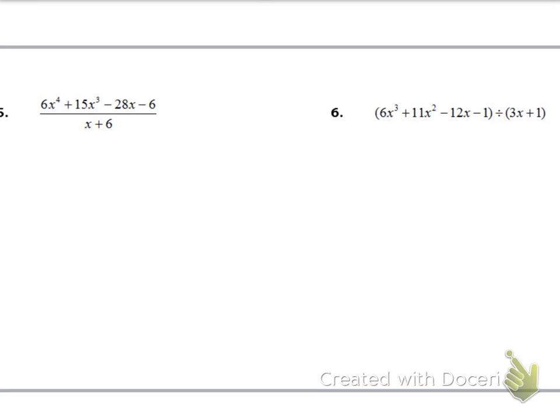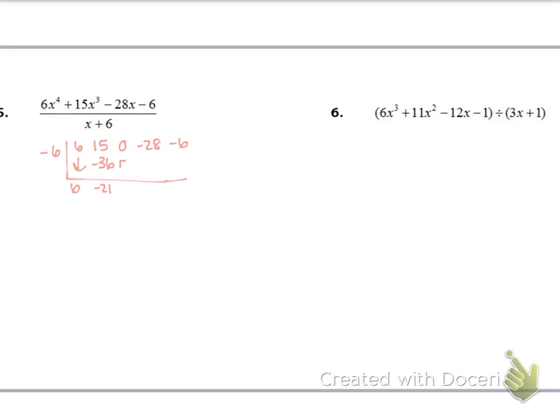Okay, my next one, I have a negative 6 sitting out here. So I've got x to the fourth, I'm missing my cubed, I've got my x and my number. I drop my 6, multiply on the outside, and this one's going to be really big. Add on the inside.